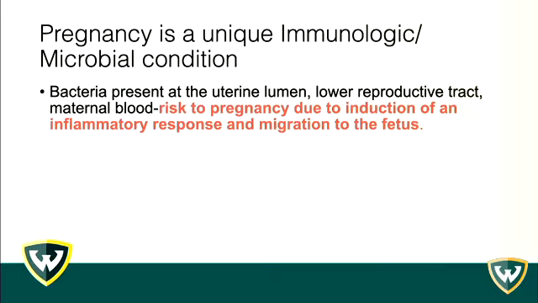For many years, we have considered the uterus, and the pregnant uterus especially, as a sterile environment, that there is no microorganism and there are no signals from microorganisms reaching the uterus.